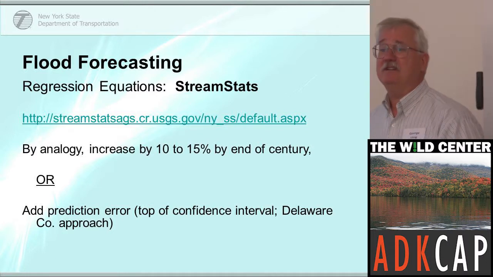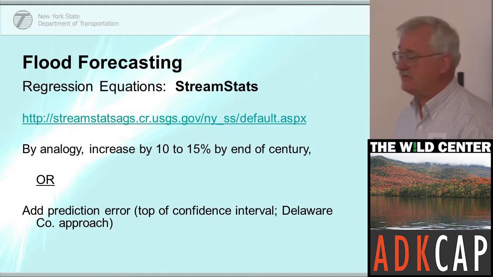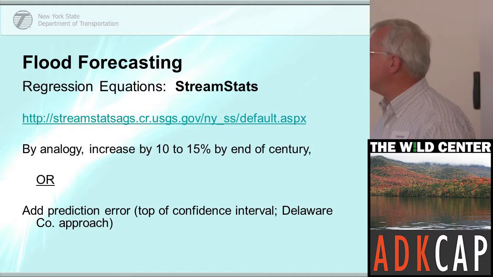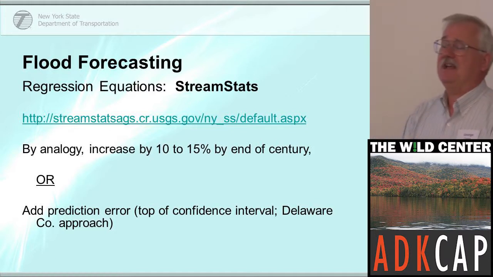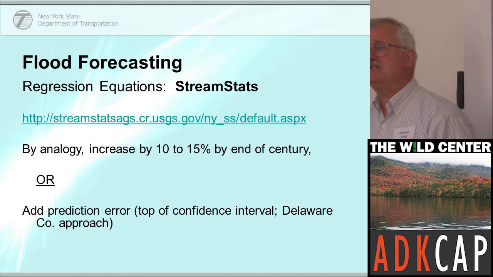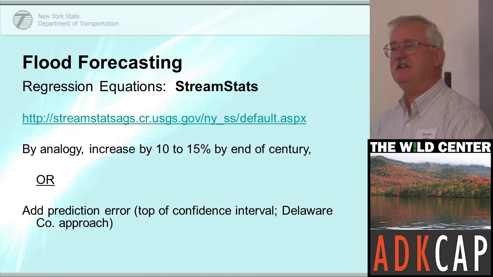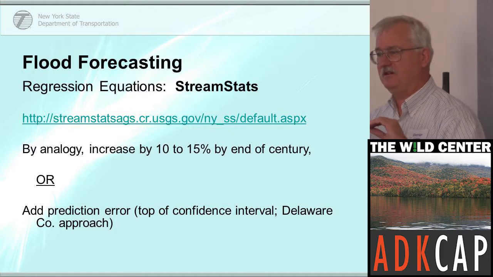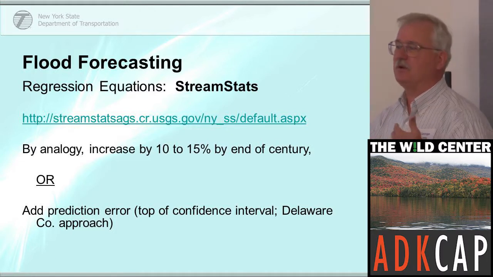Or, next, what Delaware County does, and this is Wayne Reynolds that Bill Farabee mentioned earlier. Stream Stats will give you a statistical confidence interval about their predicted value. Delaware County says, we're just going to take the top of that interval, which means basically increasing the probable flows by 25% or thereabouts.